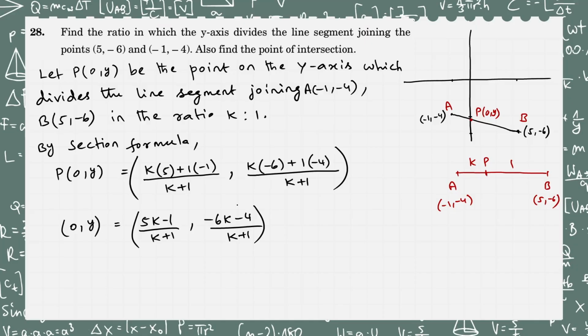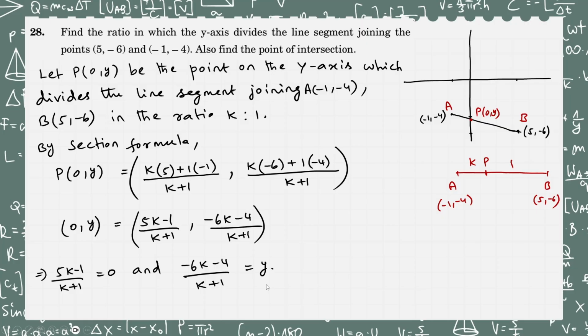You know very well that when two coordinate pairs are equal to each other, their corresponding entries are equal. That implies (5k - 1)/(k + 1) should be equal to 0, and the other one, (-6k - 4)/(k + 1), should be equal to y.